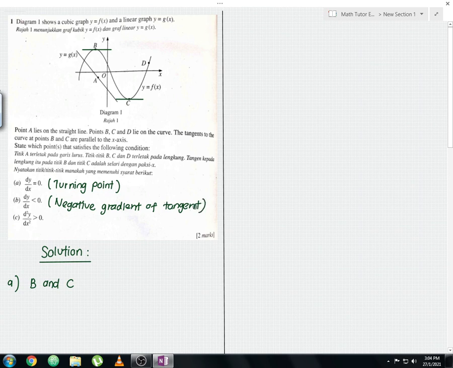So this is the information that we can obtain from dy/dx less than 0. From here, let us take a look at which point satisfies this condition.